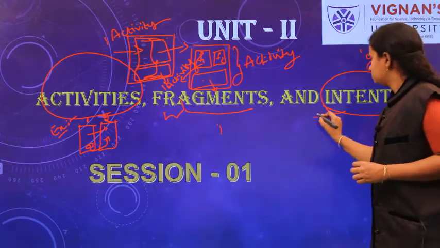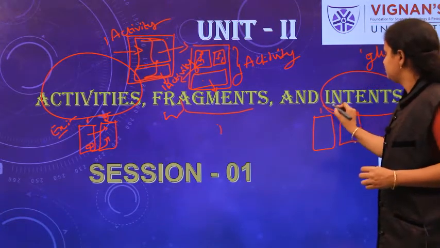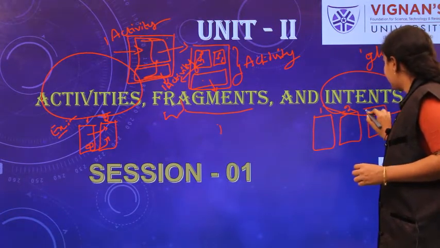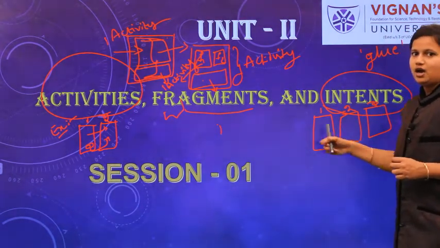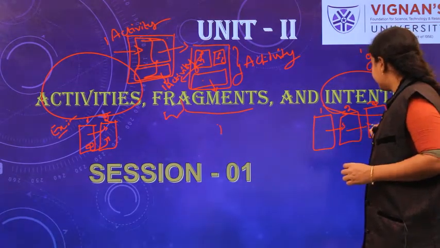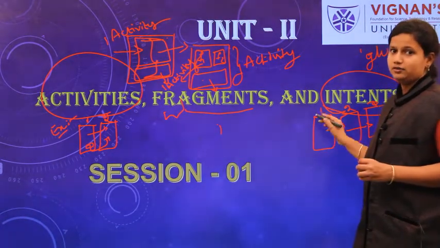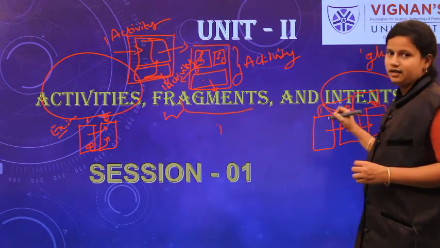The activities are whatever is presented in your application. That means one, two or more activities are presented in your application. How they are interconnected is established by using the concept of intent.